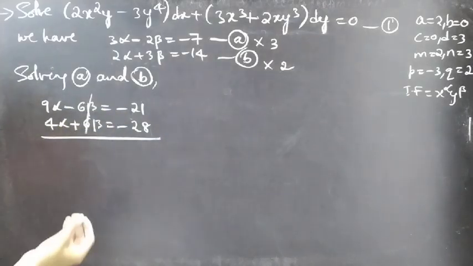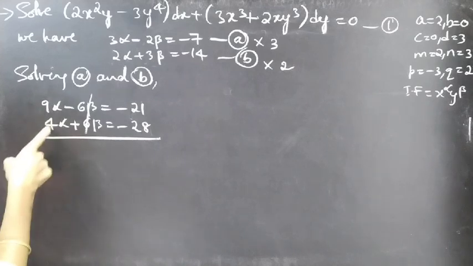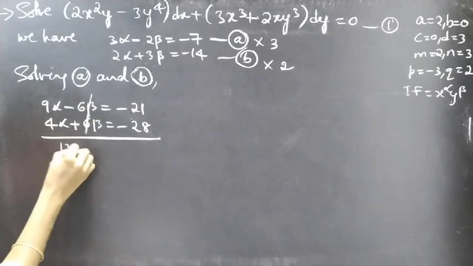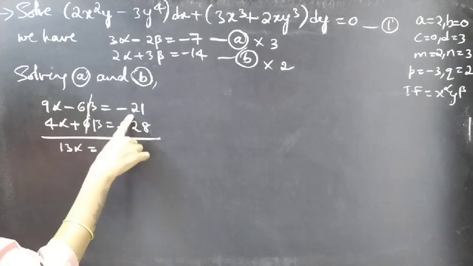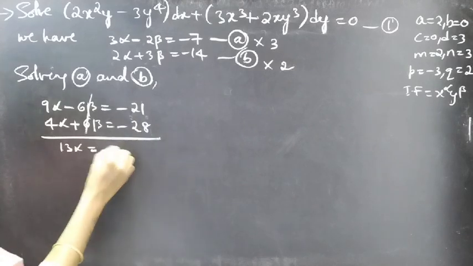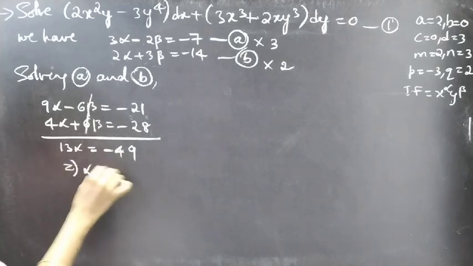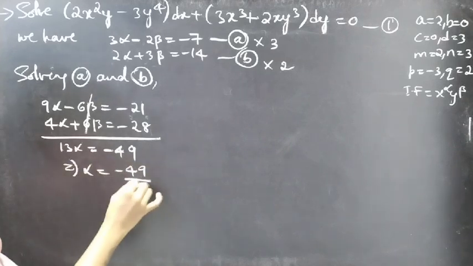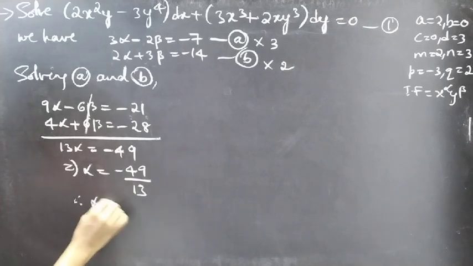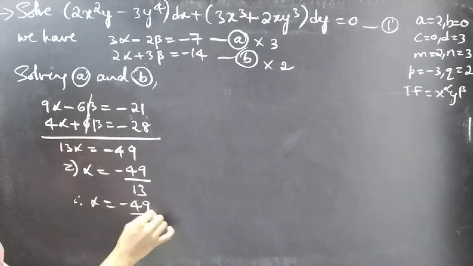Where minus 6 beta plus 6 beta gets cancelled. 9 alpha plus 4 alpha gives 13 alpha equal to minus 21 minus 28 gives minus 49. From this we'll get alpha equal to minus 49 by 13, right? Therefore alpha equal to minus 49 by 13.